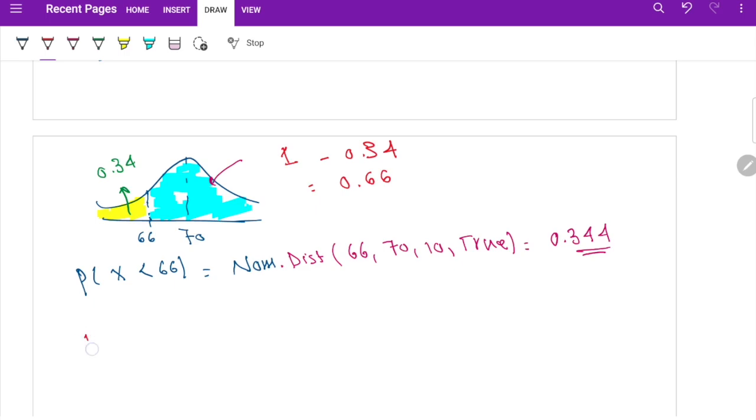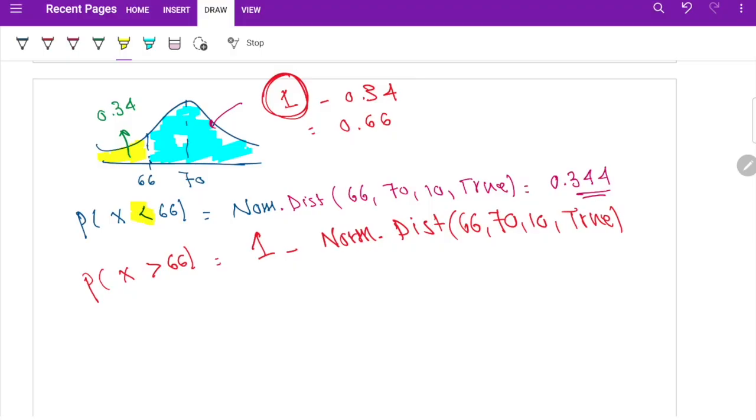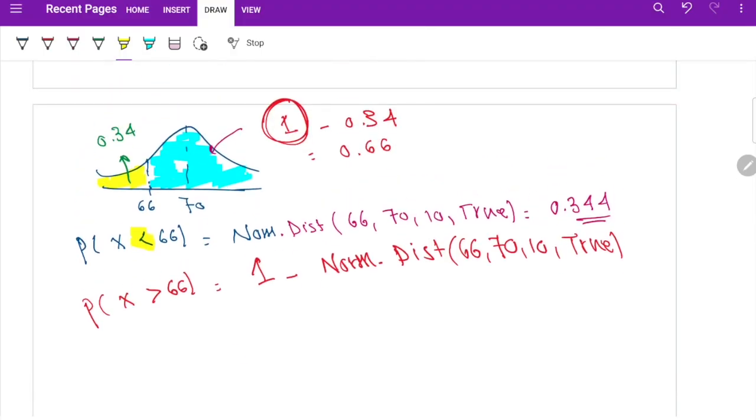So if I ask you what is the probability of x greater than 66, you have to write 1 minus norm.dist, because this is the point that I'm going to stress. It's a very important point. The Excel function always gives you the area on the left. Excel doesn't give you the area on the right. You have to do the manipulation here. If you're looking for x greater than 66, you have to find the area to the left of 66 first, then subtract it from 1, because we know that the whole area is 100%, right? Then we get 66% here.